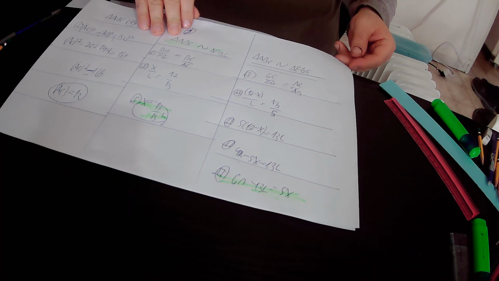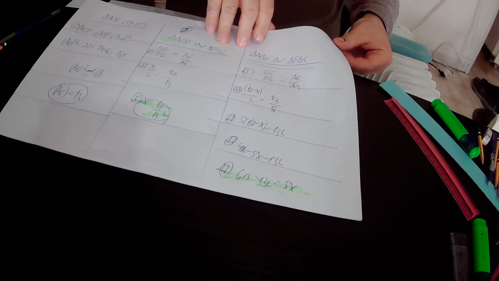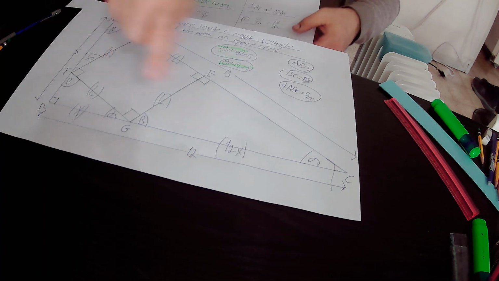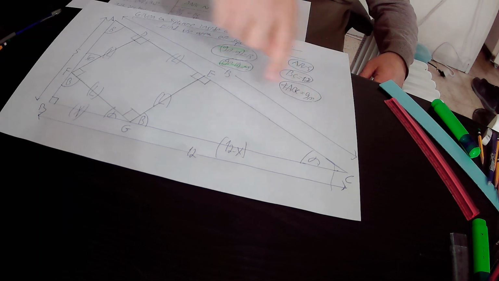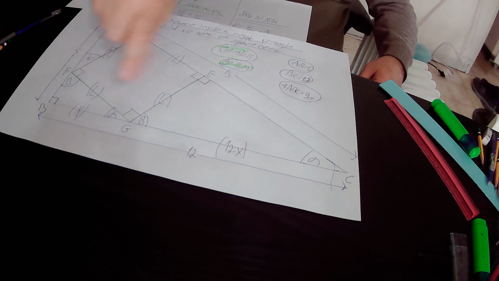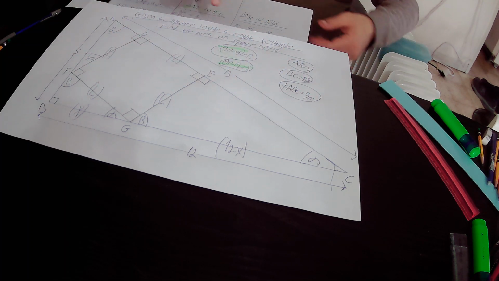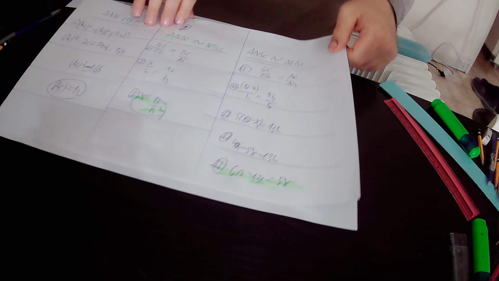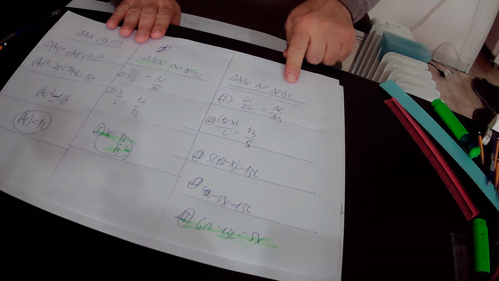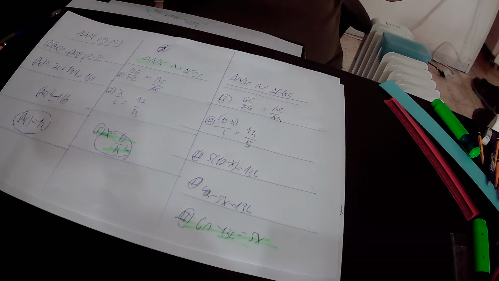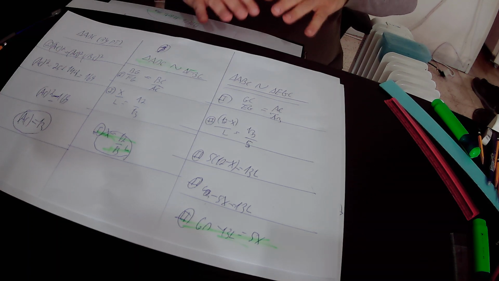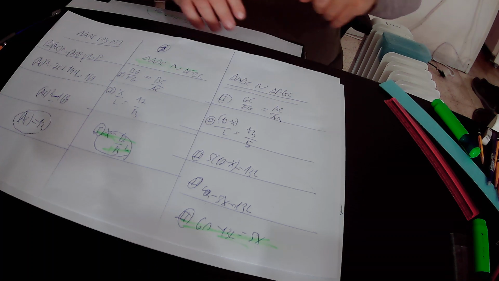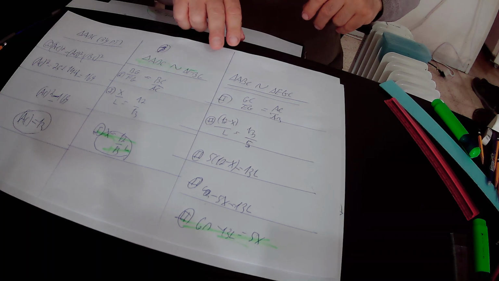Likewise, the big right triangle ABC is similar to the right triangle EGC. They are similar to each other according to the angle similarity rule, and therefore the following relationship exists between their sides.